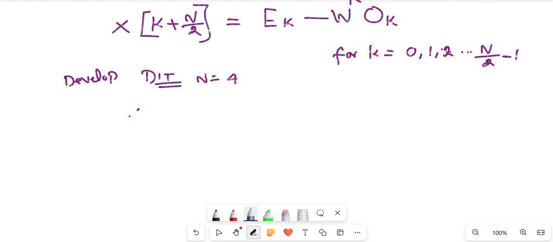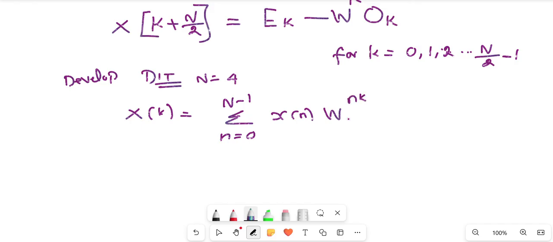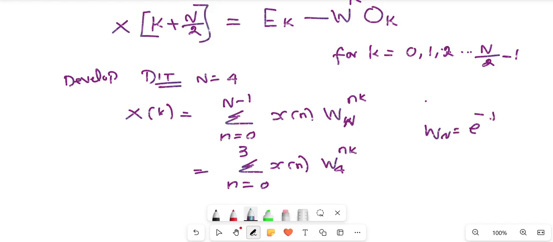So X of k, for example, n equal to 0 to N minus 1, x of n W_N^nk, you know that is the DFT equation. So this is W_N, and N is equal to 4. So if you write N equal to 4, n is equal to 0 to 3, x of n into W_4^nk, where W_N is equal to e power minus j 2 pi by N.